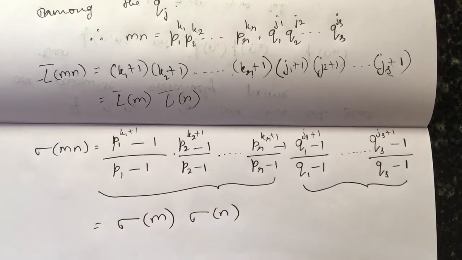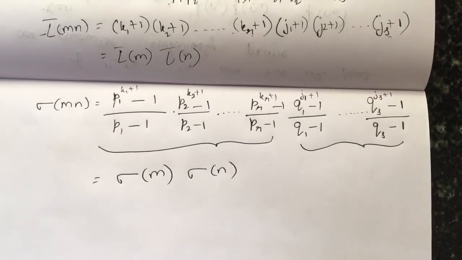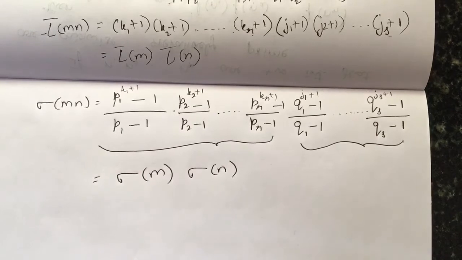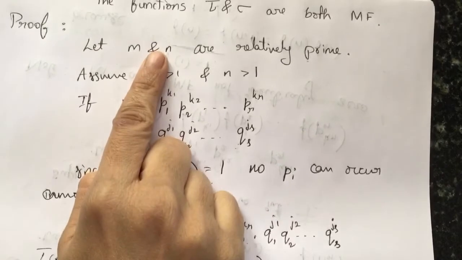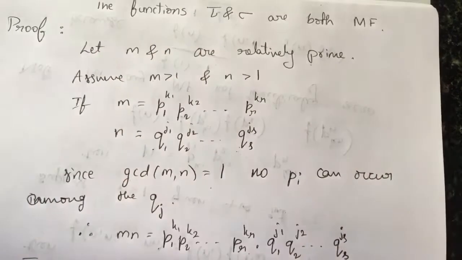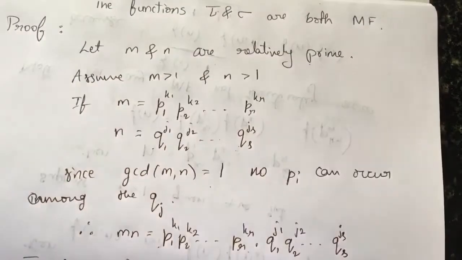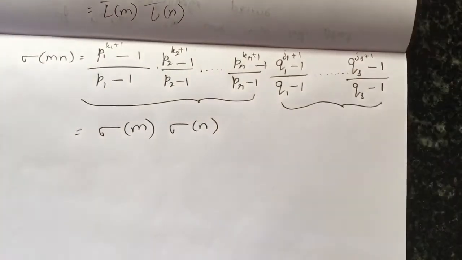Therefore, sigma of mn is equal to sigma m into sigma n. So you can say that the functions tau and sigma are multiplicative, provided the choice of m and n is such that they are relatively prime. Then only you can say that tau and sigma are multiplicative functions.